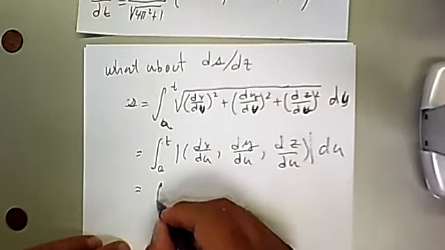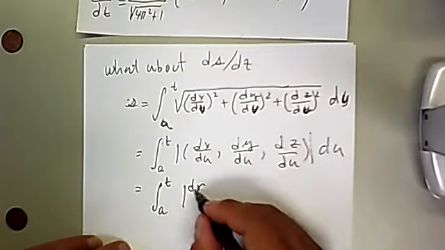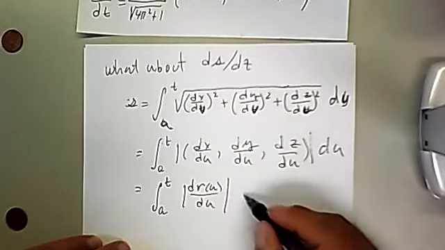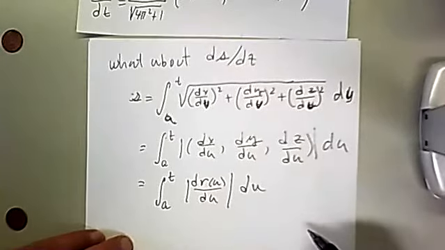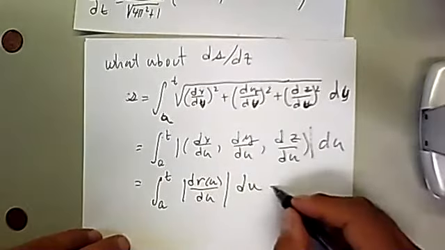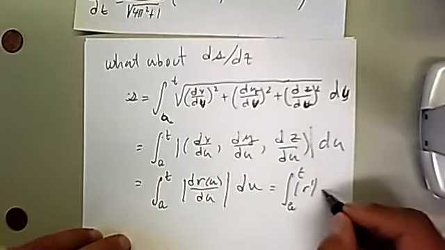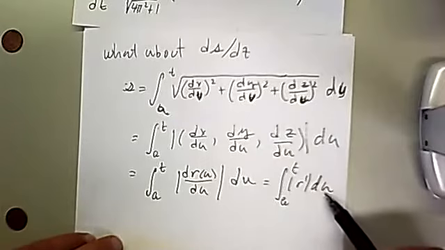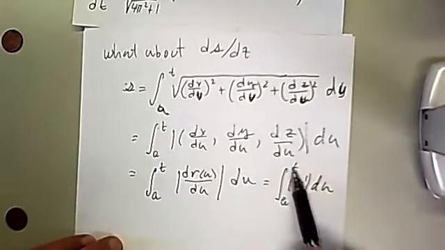So the integral from a to t of the magnitude of the derivative of r of u with respect to u, du. Let me simplify this. This is the same thing as the integral from a to t of the magnitude of r prime, du.